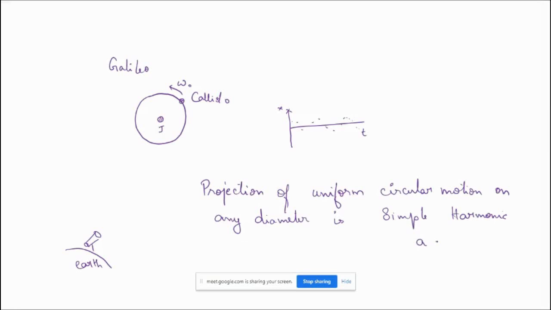That is, it obeys the condition that it is to and fro along a straight line, and that the acceleration is proportional to displacement and directed opposite to it.